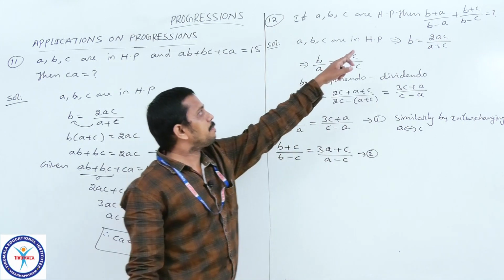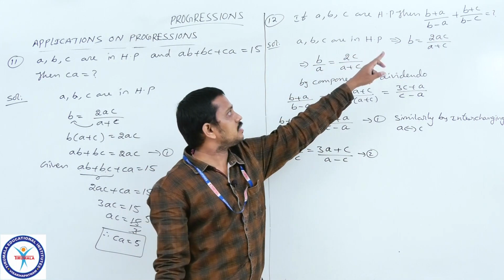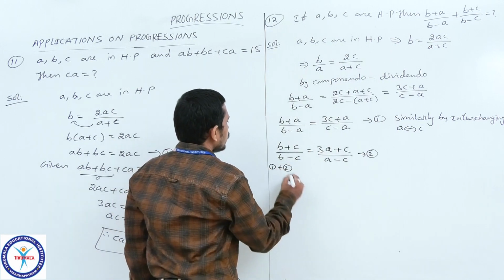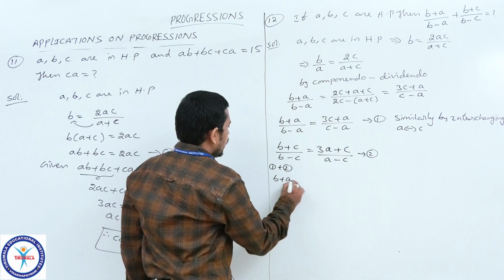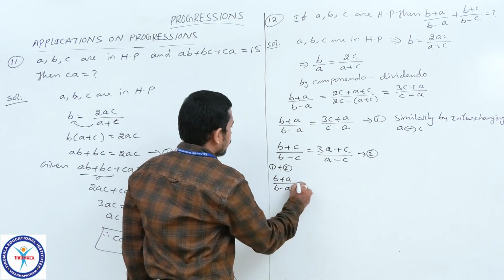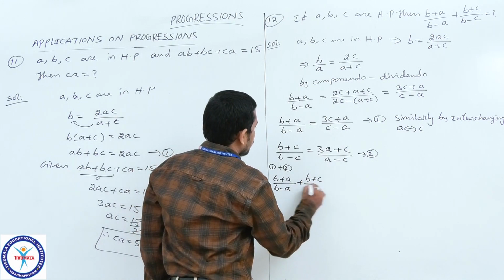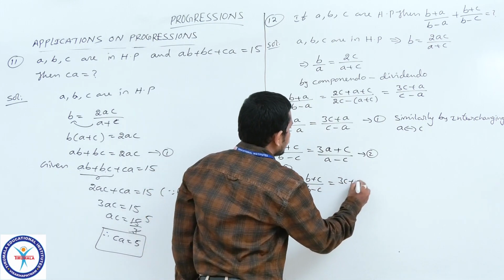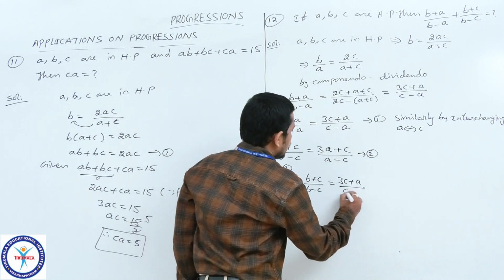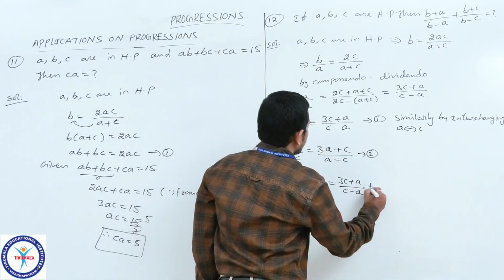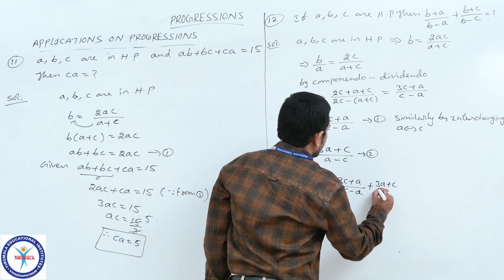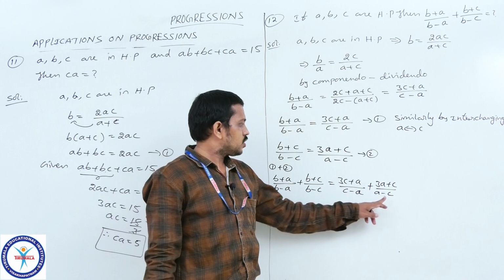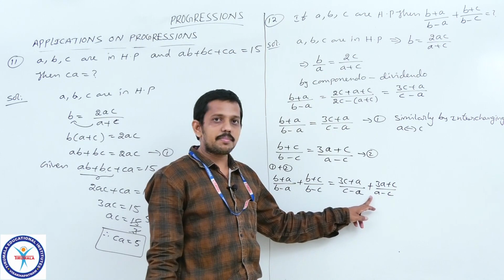Now here we require (B plus A) by (B minus A) plus (B plus C) by (B minus C). So add 1 and 2. Then (B plus A) by (B minus A) plus (B plus C) by (B minus C) is equal to (3C plus A) by (C minus A) plus (3A plus C) by (A minus C). Here we have C minus A, so take minus common in the denominator.